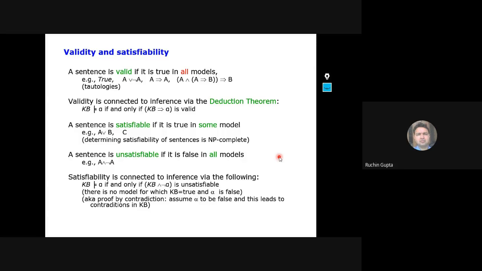KB stands for knowledge base. We have a knowledge base in which we have a number of facts, and each and every fact we can represent using propositional logic. At the end of this lecture, we will see some examples of how we can solve a particular example using the concept of propositional logic.